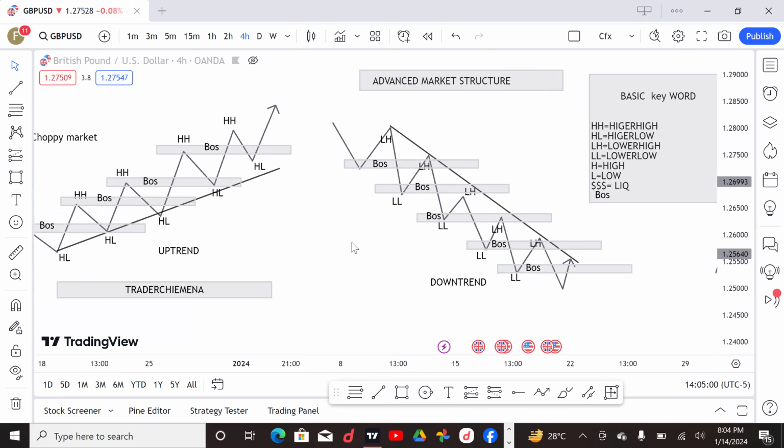Just calm down, practice what I just gave to you. So this is an advanced market structure. Everybody wants to get out of the matrix, but you don't want to practice. This is something that you have to give time. You have to practice a lot for you to understand what is really happening. You understand? This is what you have to practice.